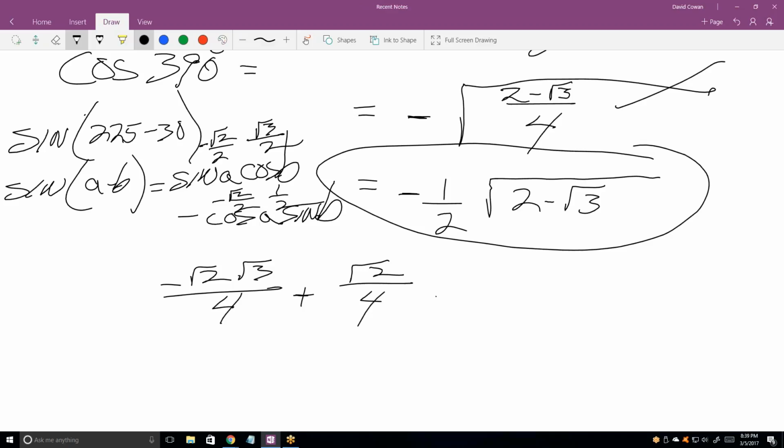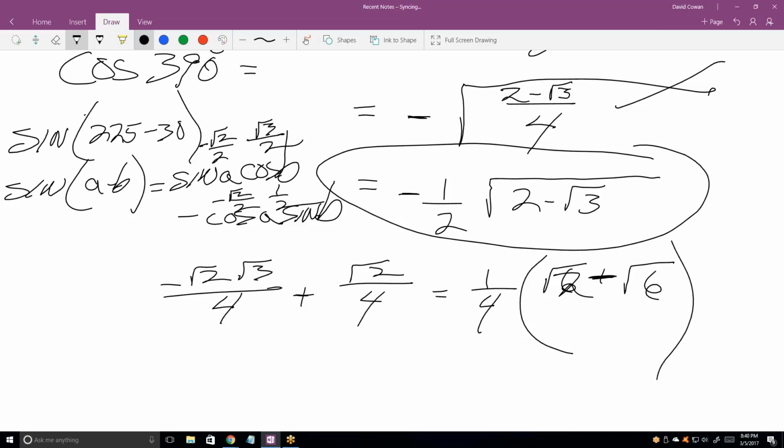Well, it's interesting because what we really have there is 1/4 times root 2 minus root 6.